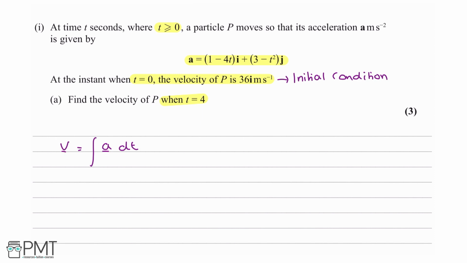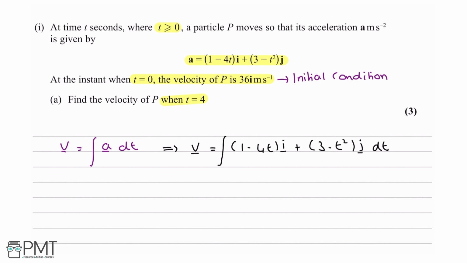From here, v equals the integral of (1 minus 4t) i, underline i because it's a vector, plus (3 minus t squared) j, underline that, with respect to time.